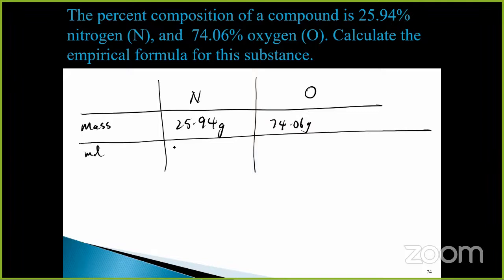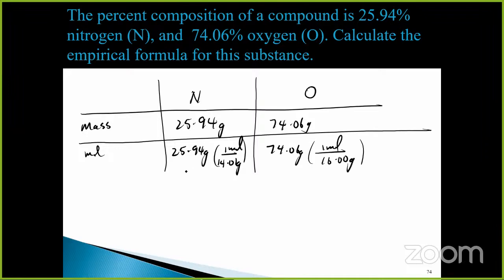So if you remember what we did at this juncture, we multiply that by 1 mole over the molar mass of nitrogen, which is 14.01 grams. And then for the oxygen, we multiply that by 1 mole over 16.00 grams, all right?